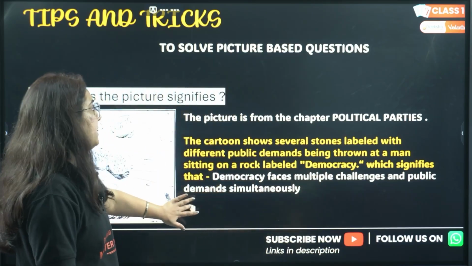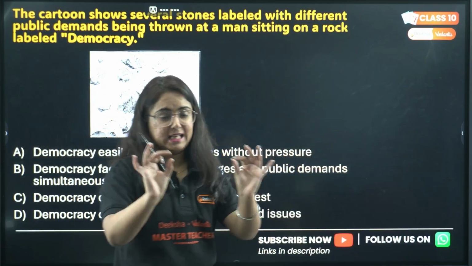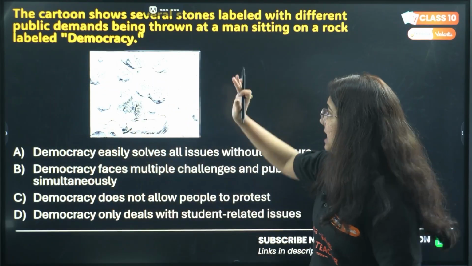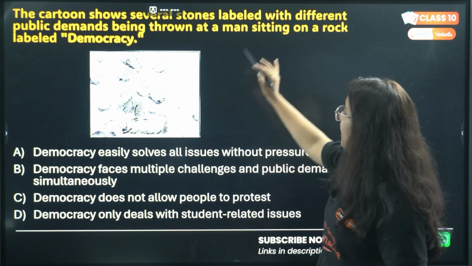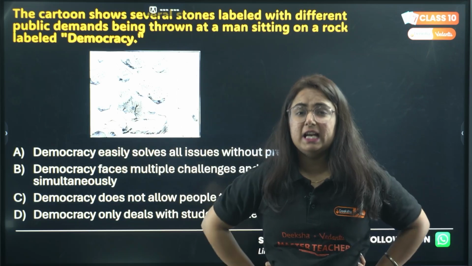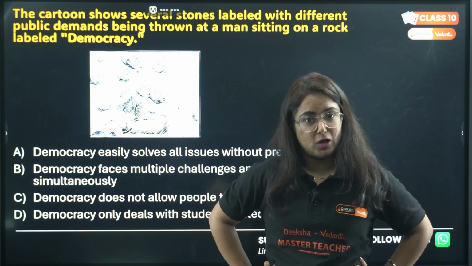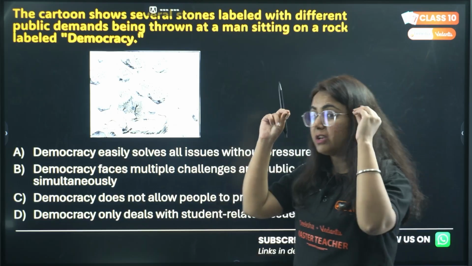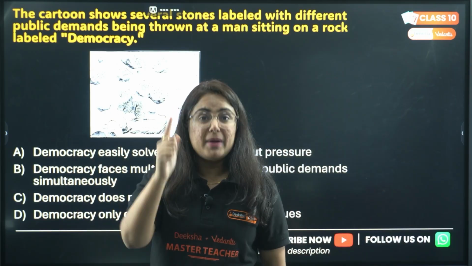and demands simultaneously. Okay, and the question from a similar topic can come like this: the cartoon shows several stones labeled with different public demands being thrown at a man sitting on a rock labeled democracy, and this you are going to answer right now in the comment section. Okay, so hope you just recalled all the tricks and tips. I am just revising it once again. Pay attention.